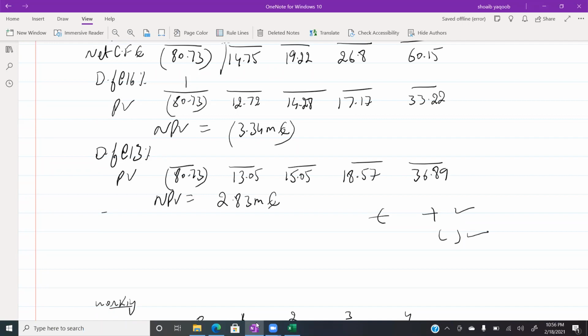Always write these statements in case of slightly positive or slightly negative NPV. And when the NPV figure is very high, if there is a deep in the money scenario, like NPV is very positive or very negative, then you can simply write accept the project or reject the project.